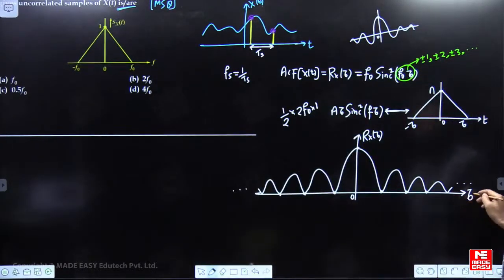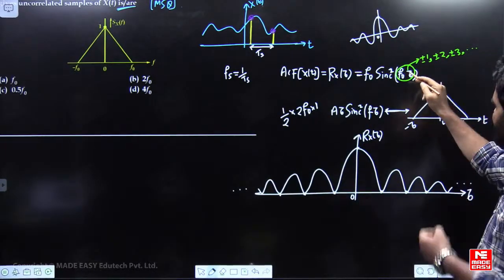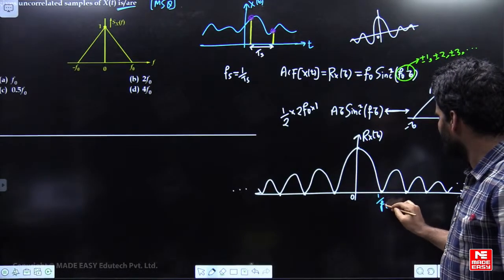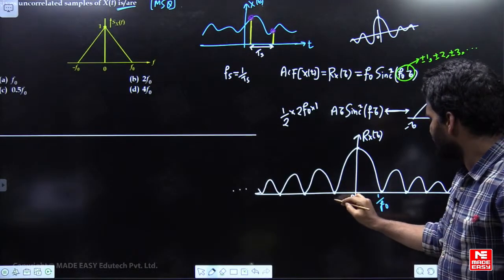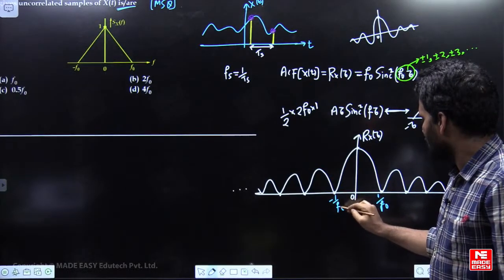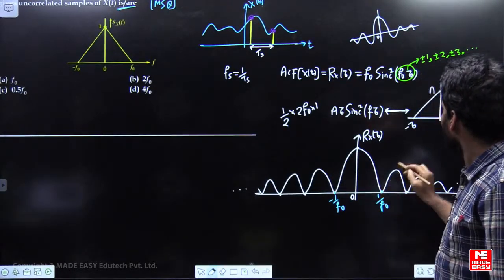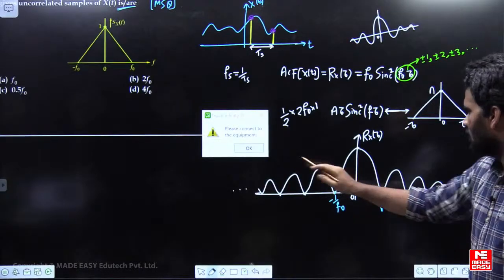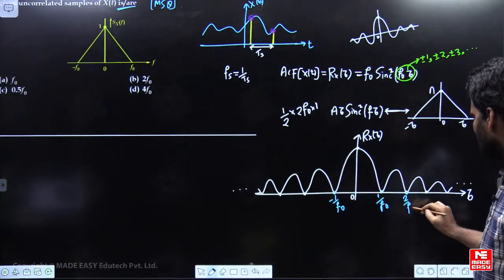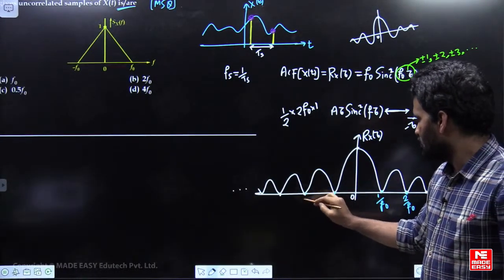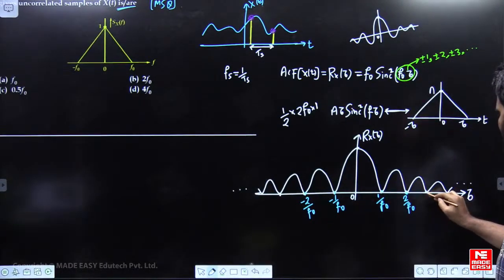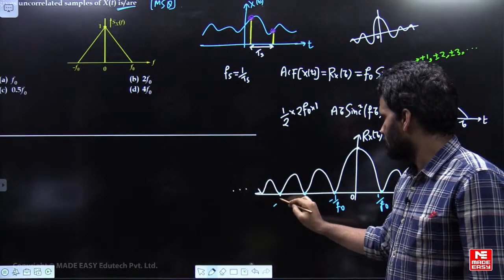I plotted with respect to tau. So when tau is plus minus 1 by f naught, plus minus 2 by f naught, plus minus 3 by f naught.